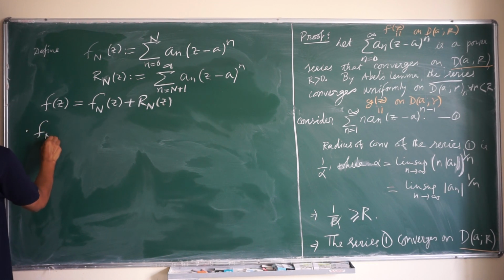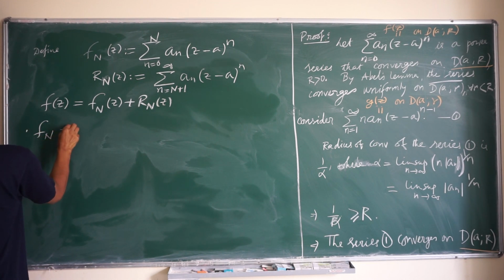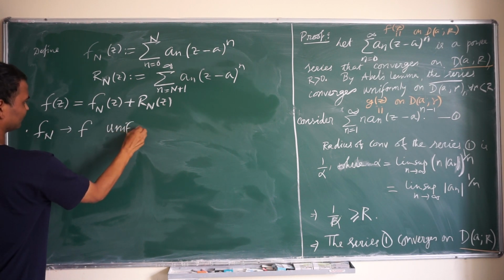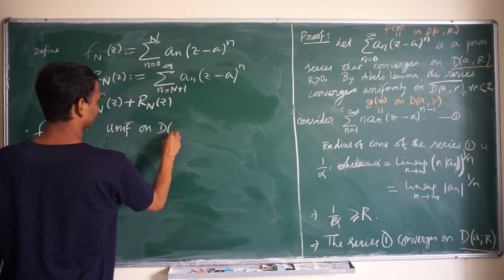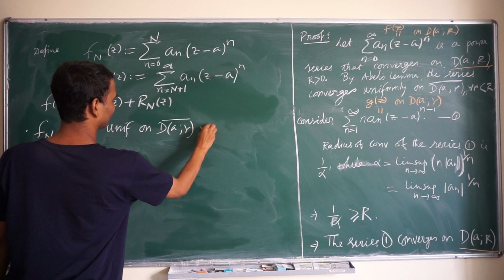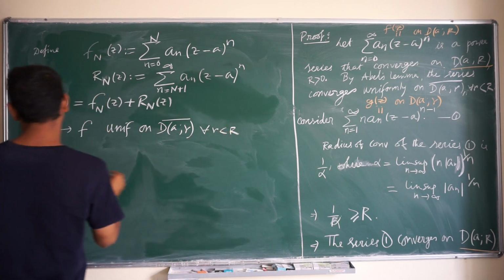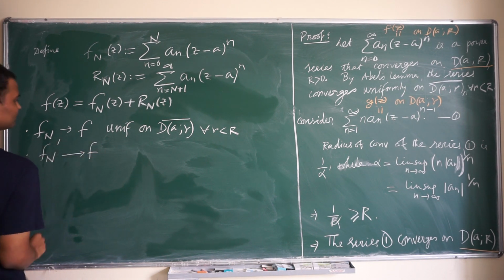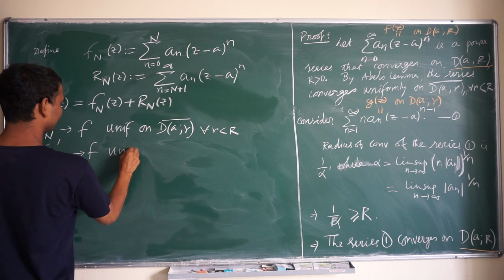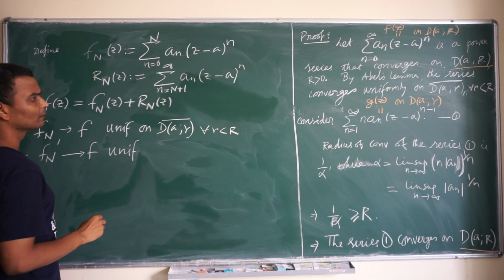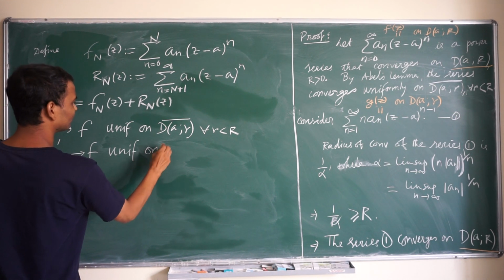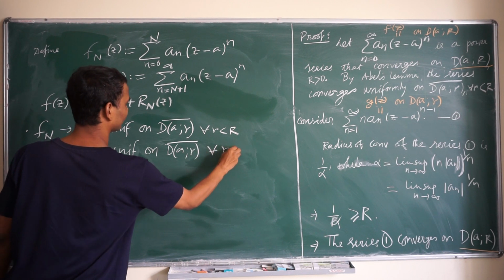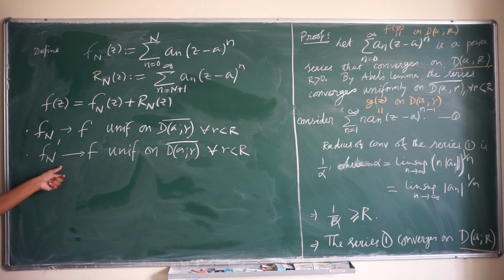First, f_N converges to f uniformly on the closed disk D(a, r) for all r less than R. Second thing is f_N prime converges to f uniformly on the closed disk D(a, r) for r less than R. Alright.